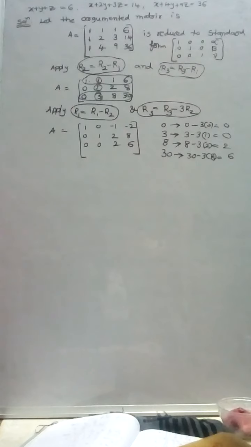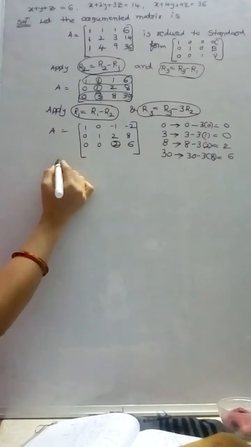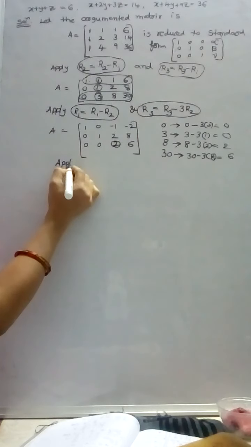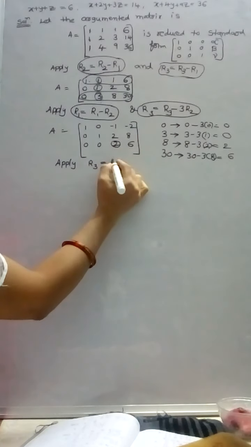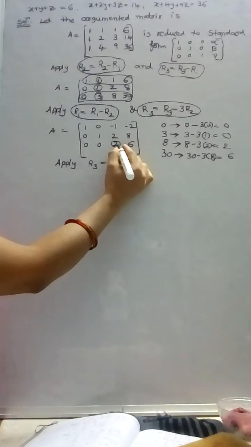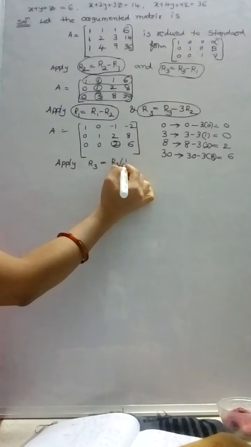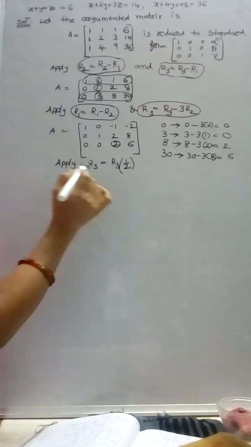Next, this element is equating to 1. So for that we can apply R3 equals R3 into 1 by 2, so this is multiplied with 1 by 2. Then the 2s get cancelled, we get 1. So 1 by 2 is multiplied to R3.